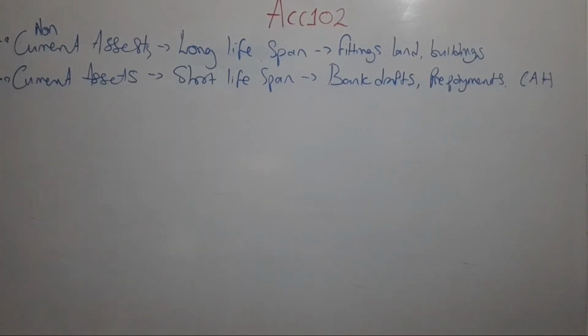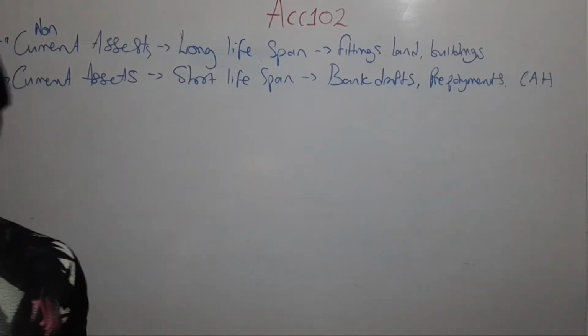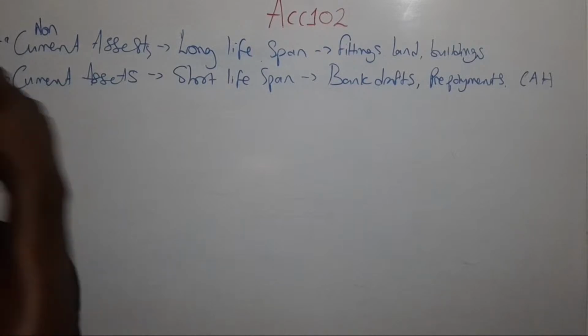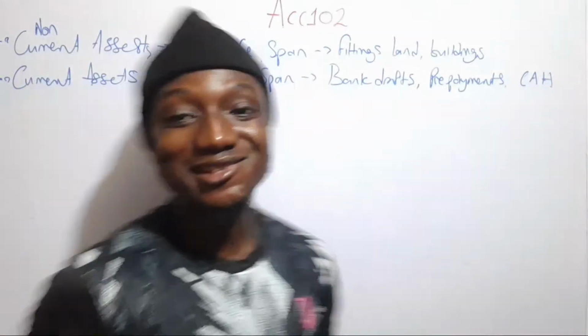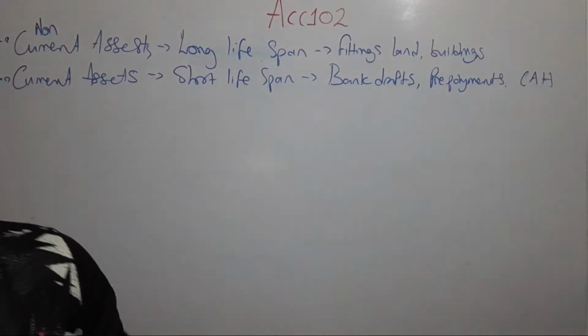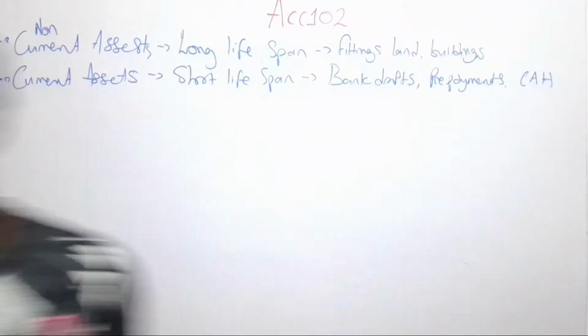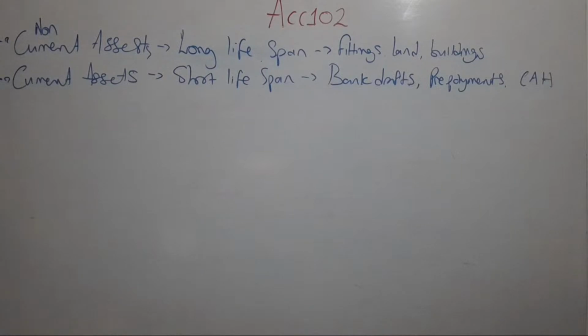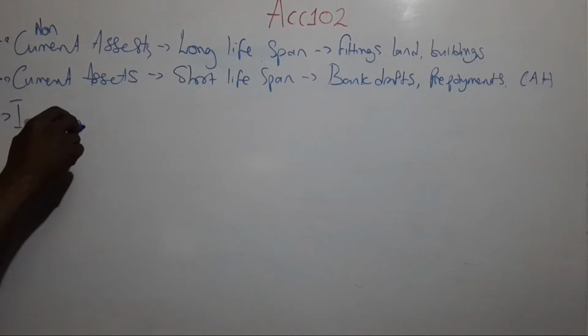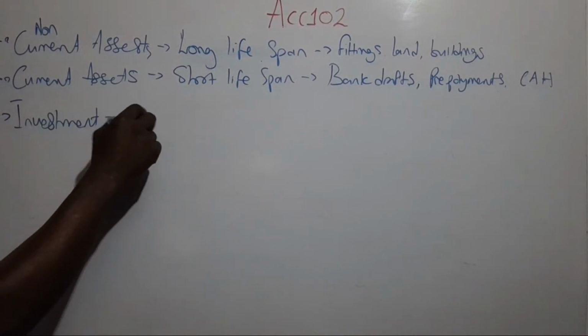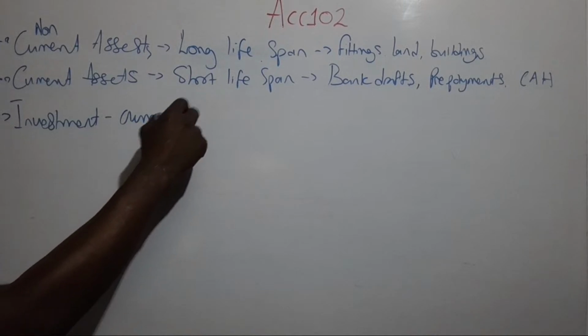What you need to understand about investment is basically keeping money aside to acquire certain things that will, in the long run, produce more resources. So let's go for a precise definition, which is the ownership interests.